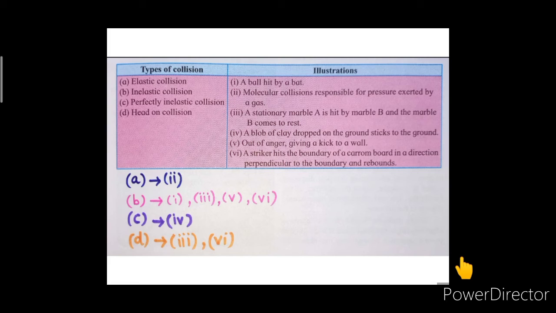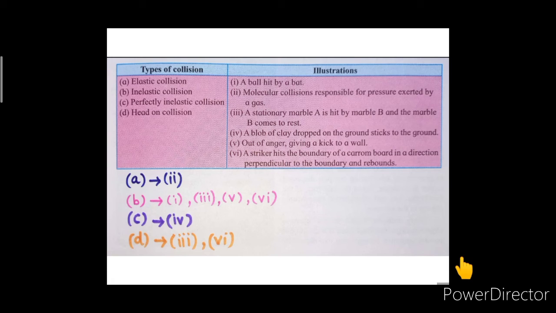So an example we are getting is number 4, a blob of clay dropped on the ground sticks to the ground. That means after the collision, the blob of clay sticks to the ground, hence it is an example of perfectly inelastic collision. That means after the collision, the velocity of both the colliding bodies would become 0, or they are moving with the same velocity.